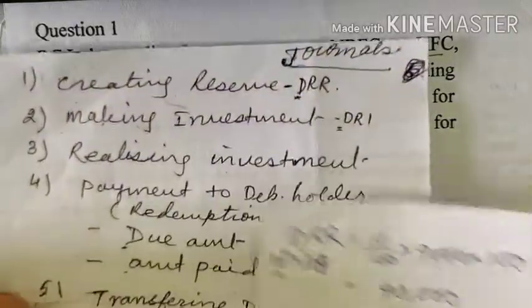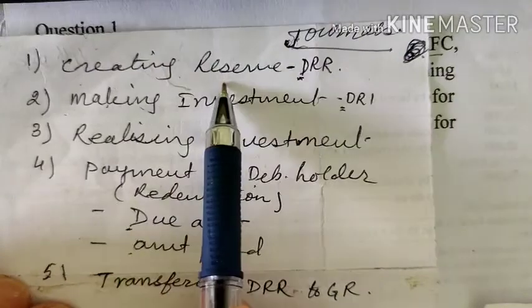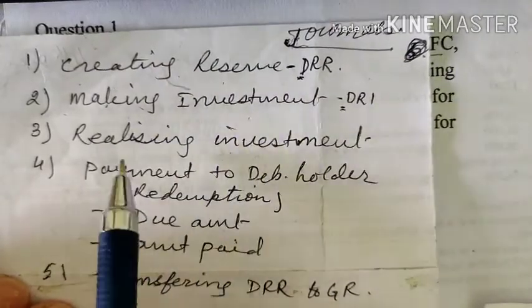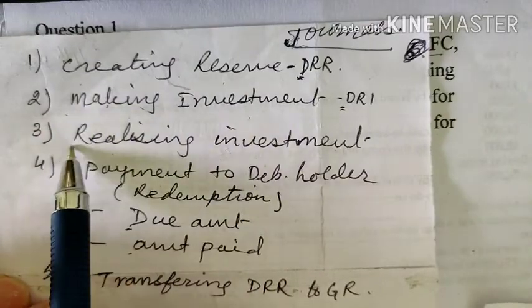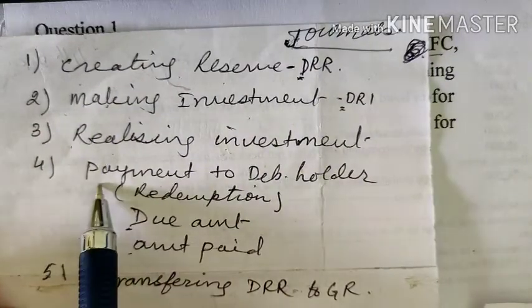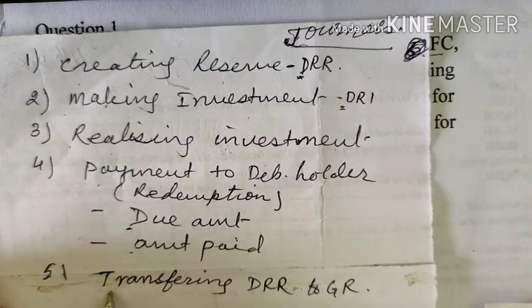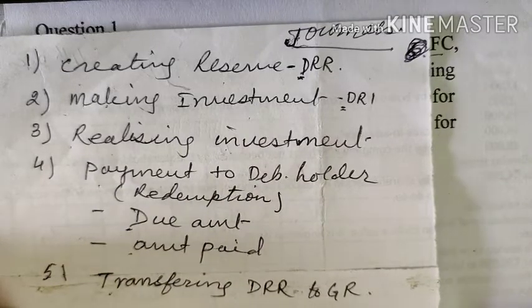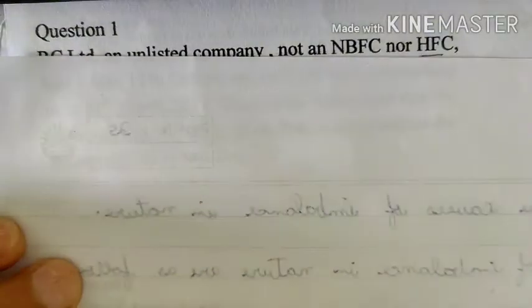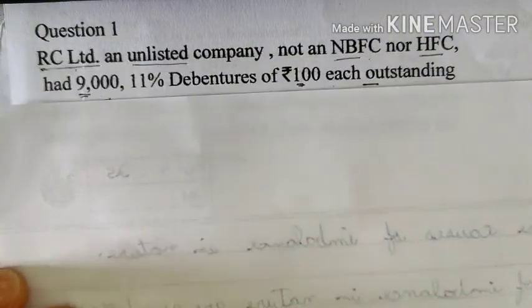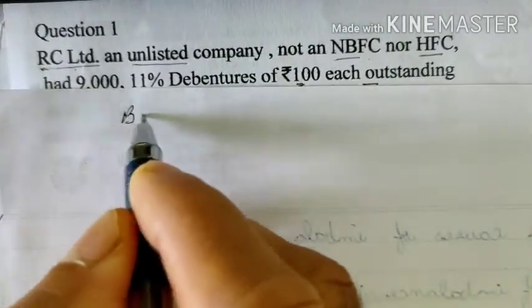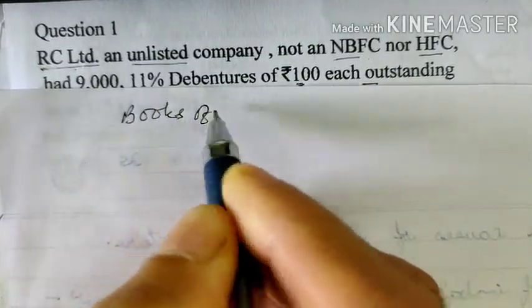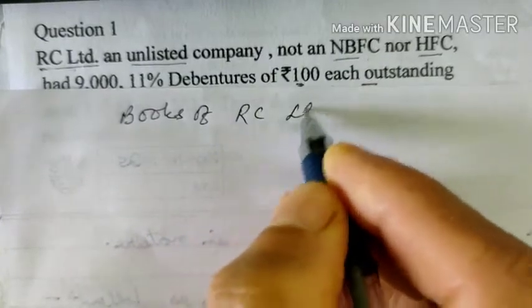So the steps for the journals are creating reserve, making investment, realizing investment, that means the same investment will be realized in number 3, then making payment to the debenture holder, then lastly you have transfer of DRR to general reserve. So here we go ahead with the journal. It is books of RC Limited.